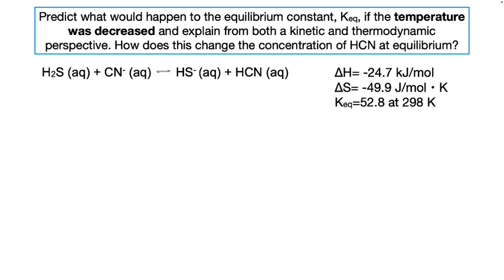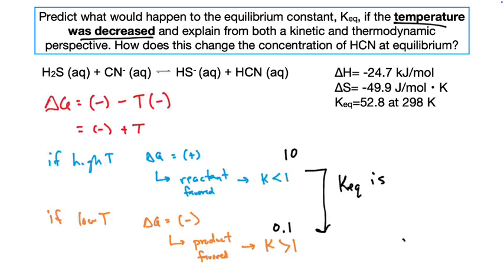Or go elegant through those slides and see if the slides can help you process this. We have to realize that our slides showed us temperature increasing. We're now doing temperature decreasing.